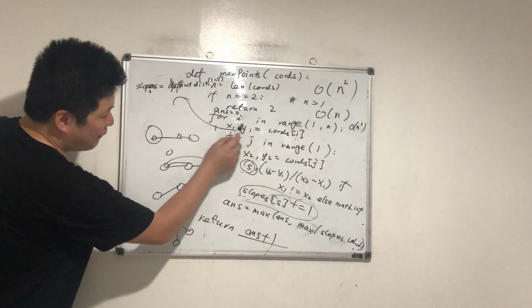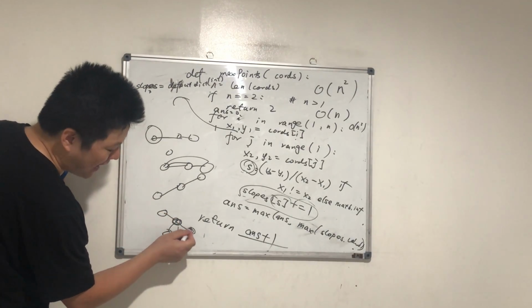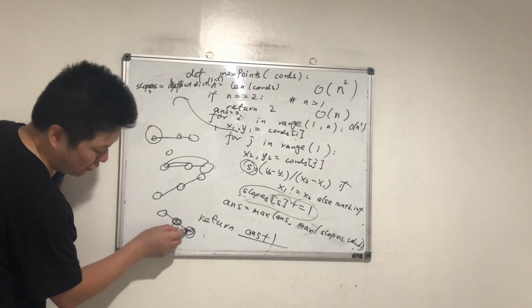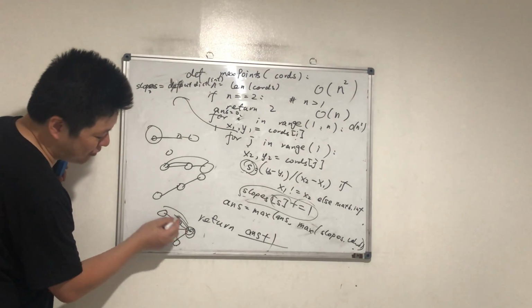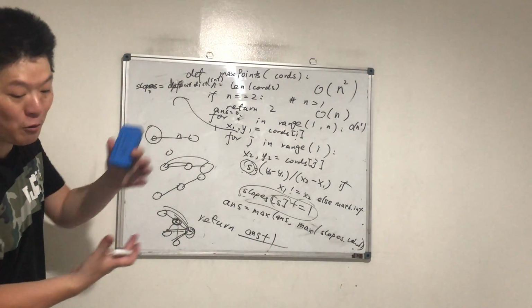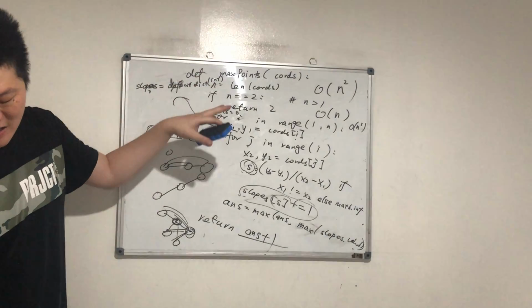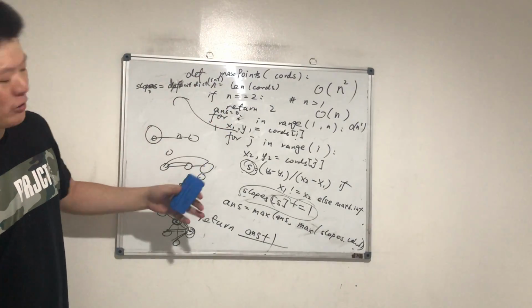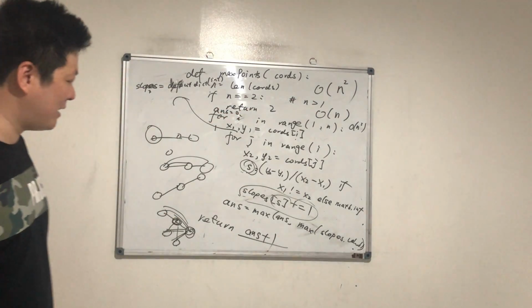Because look, the first loop is we try every point, yeah? And at this point, we find a line to the rest of the points, as long as they are unique, yeah? There will be n minus 1 slopes, right? That's in the worst case. So these slopes contain at most n minus 1 different values. So that will be O-N, right? Got it?